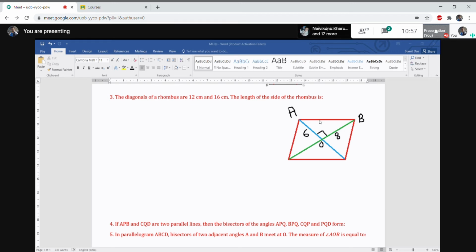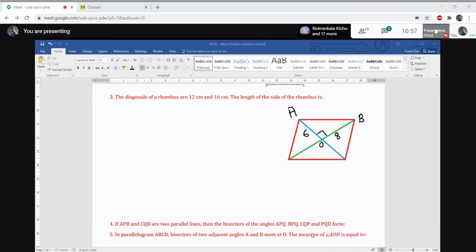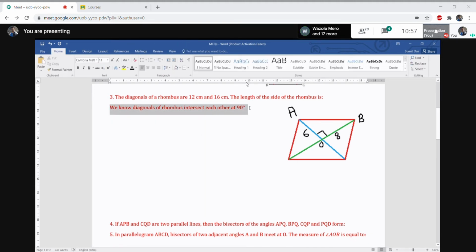Diagonals of a rhombus intersect each other at 90 degrees. That is the most important information here.